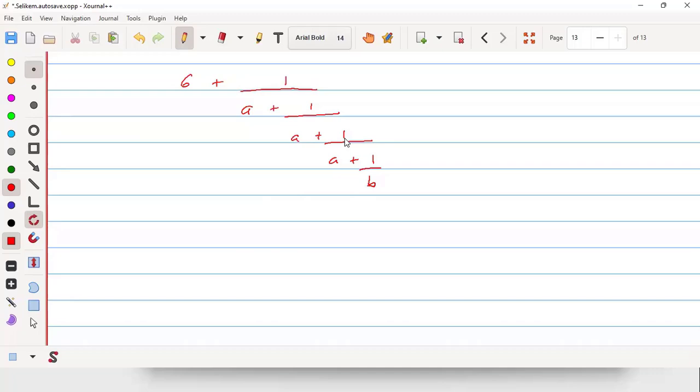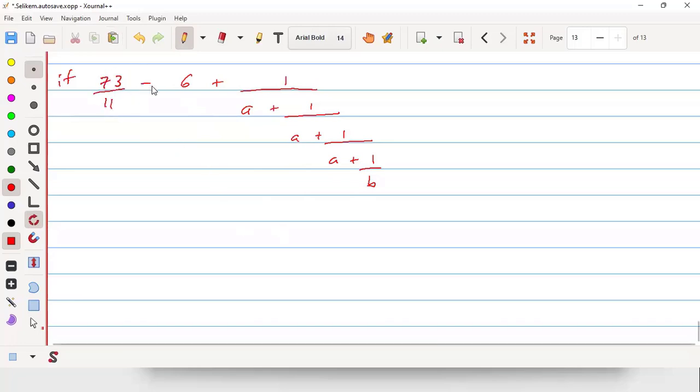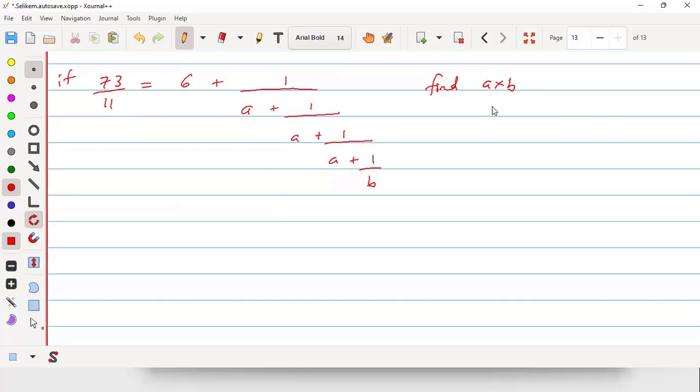Write the question. Write what I'm writing. 6 plus 1 over A plus 1 over A plus 1 over A plus 1 over B. So write, if 73 over 11 is equal to this, find the value of A times B. So I'm not yet done writing the question.